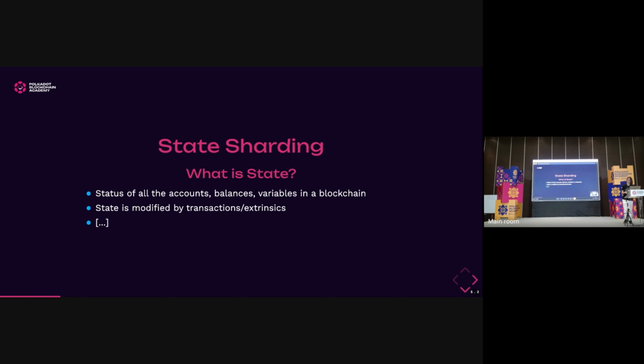And transactions are just operations on the state. They transition the state to a new state. And this is also why everyone needs to keep track of all this state, because to apply the transactions, you need to know what you're actually modifying. You need to have the relevant pieces of data to apply the transitions.